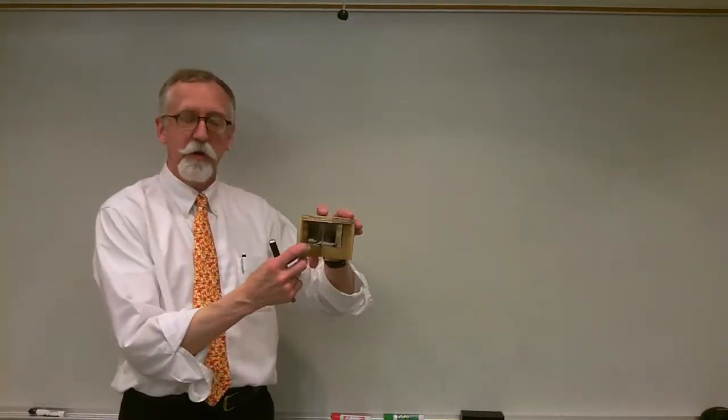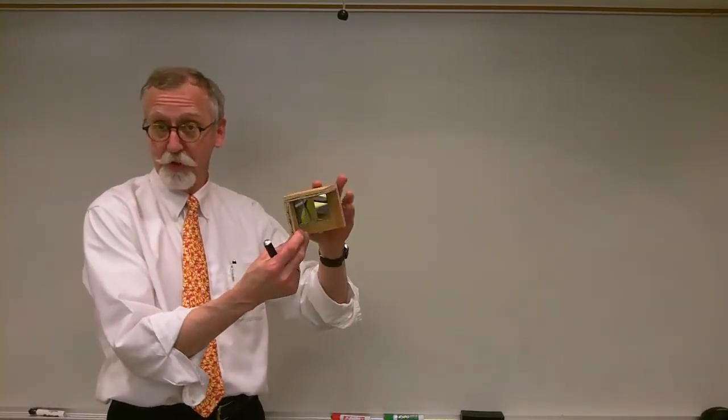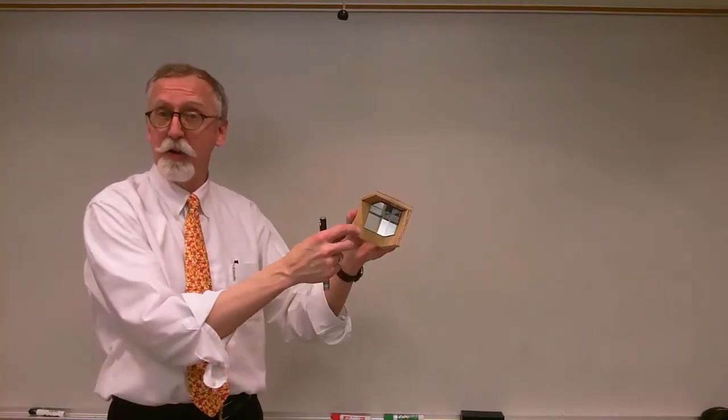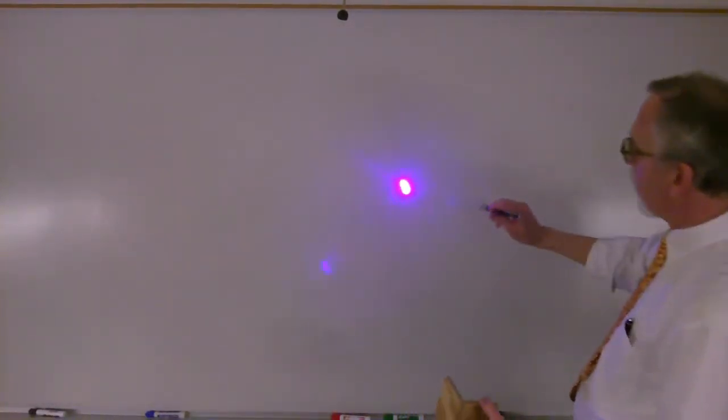So here I have three mutually perpendicular mirrors, and this is called a retroreflector, because any ray that comes in is reflected back parallel to the incoming ray. Now I can demonstrate that a little bit. I'm going to shine this laser, and here I have a blue laser.